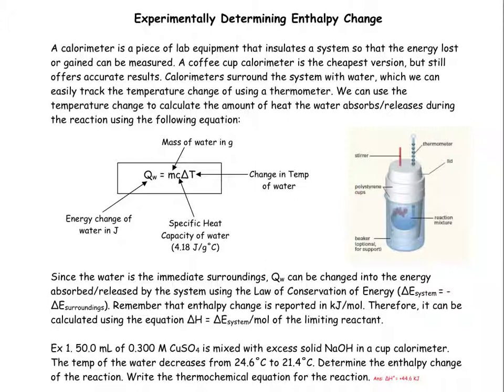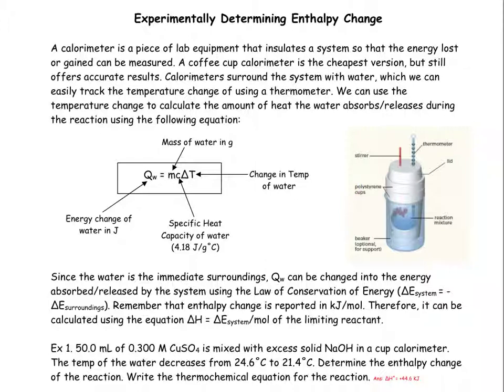Now, you can use Celsius in here because this is a change in temperature. It doesn't matter if you use Celsius or Kelvin because you're subbing in the change. Since the water is the immediate surroundings, Q_W, or the energy change in the water, can be changed into the energy absorbed and released by the system using the first law of thermodynamics, the law of conservation of energy.